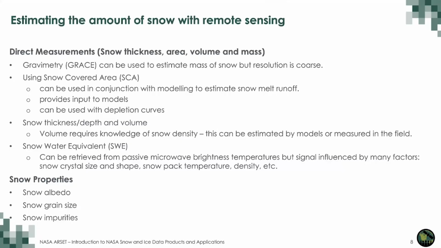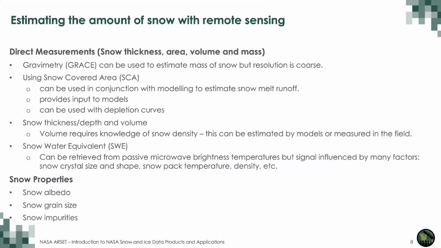There are other snow properties we can measure that are useful for modeling, such as albedo, grain size, and impurities. And we can get all of those from remote sensing and combine them with modeling and other information to come up with good estimates of snow.